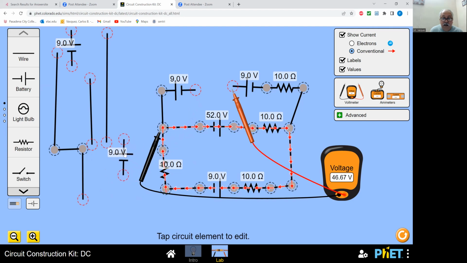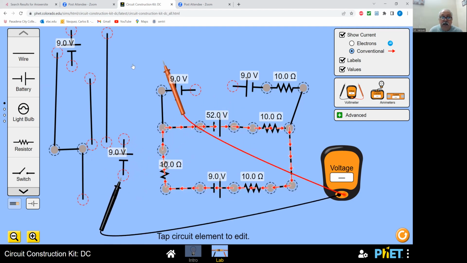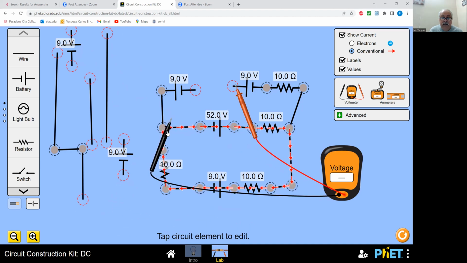So we're going from negative to positive in this picture. This is the positive side and this is the negative side.